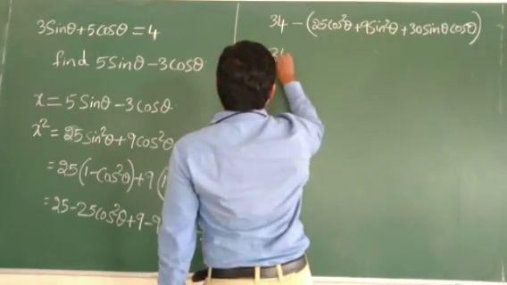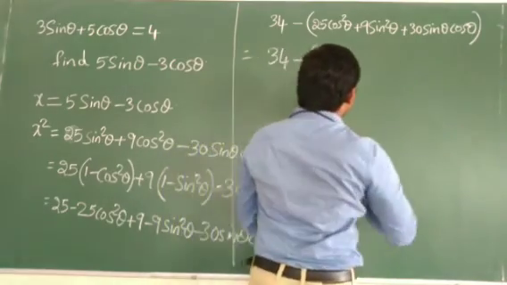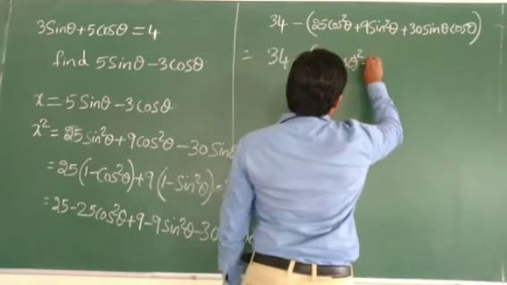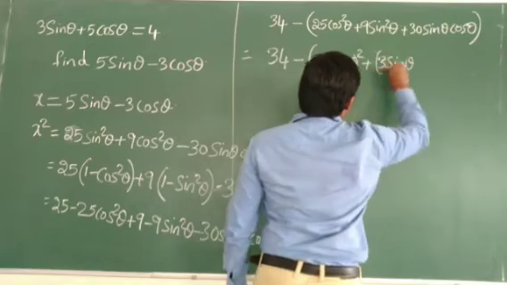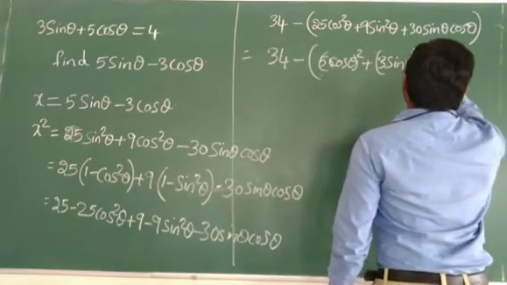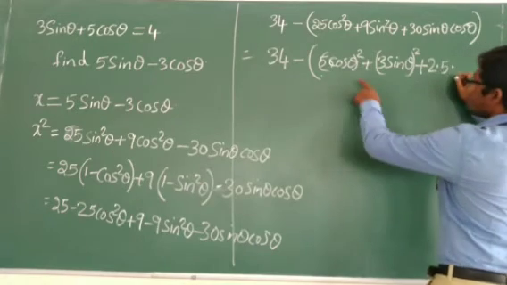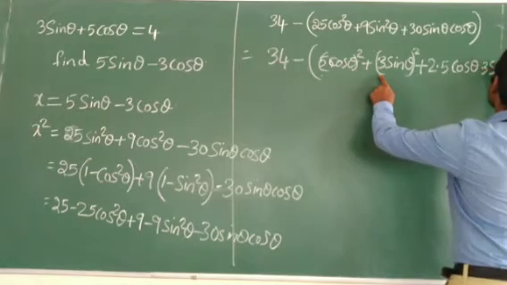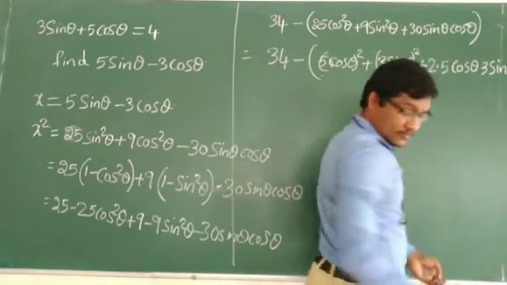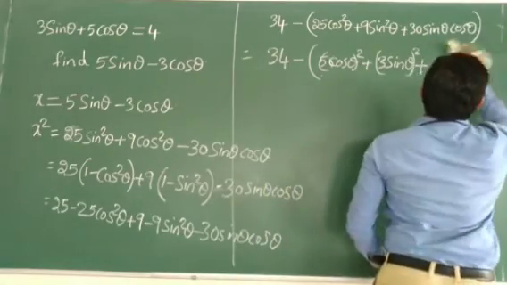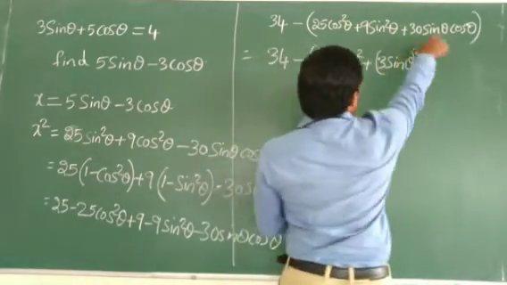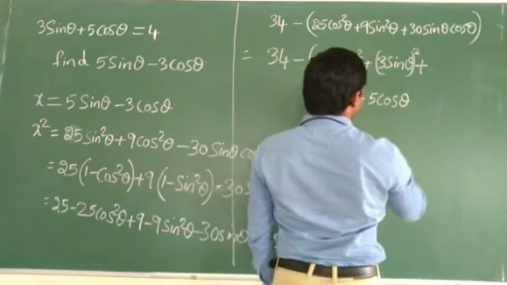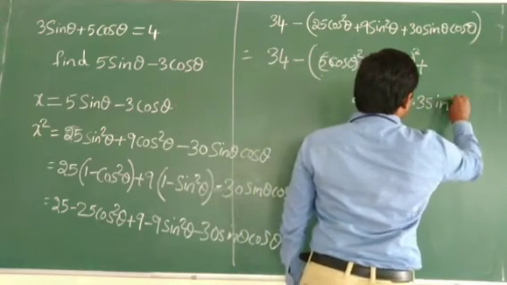So that is equal to 34 minus, now if you observe this one, this can be written as 5 cos theta whole square plus 3 sin theta whole square plus, we can write this 30 sin theta cos theta as 2 into 5 cos theta into 3 sin theta.